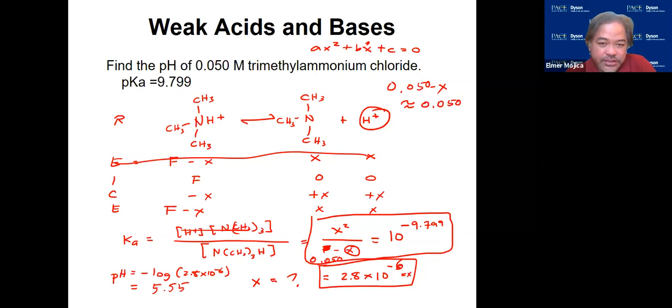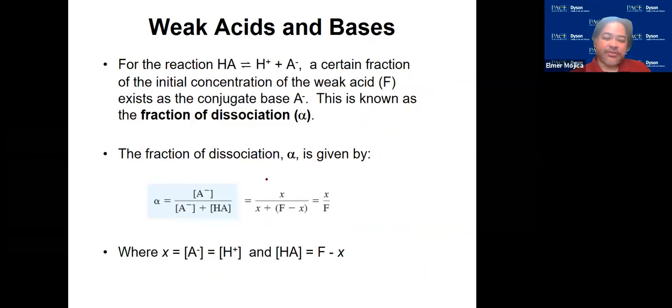So if we're going to look at here, we can also get the so-called fraction of dissociation. So the reaction that we have, a certain fraction of the initial concentration of the weak acid exists as a conjugate base. So this is known as the fraction of dissociation. And if we're going to get what it is, it's just X over F. Okay?